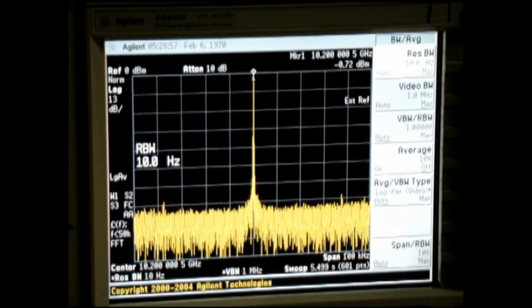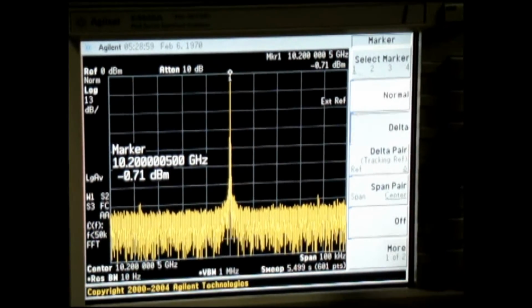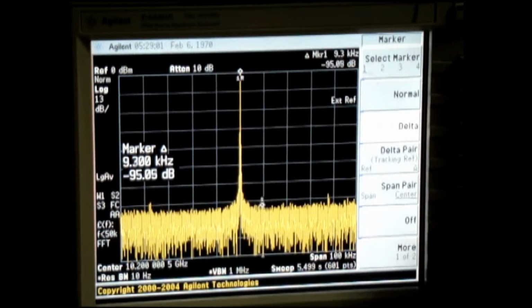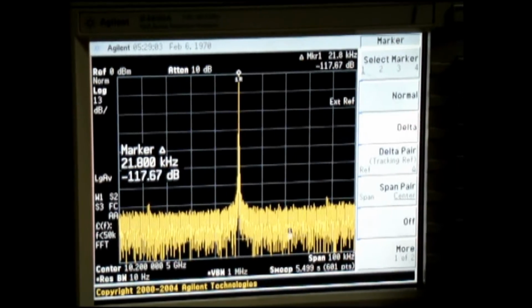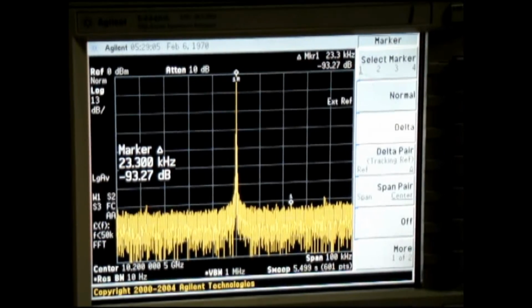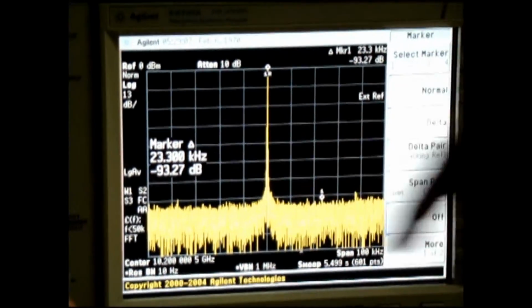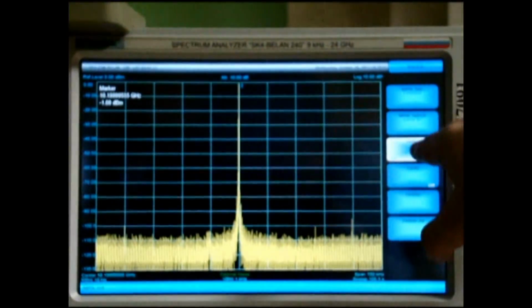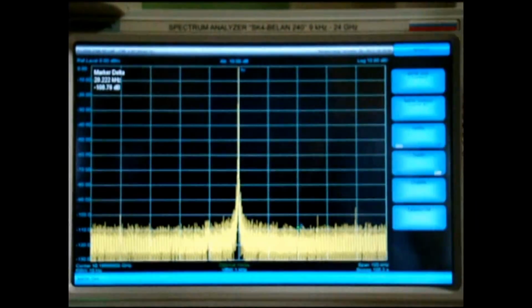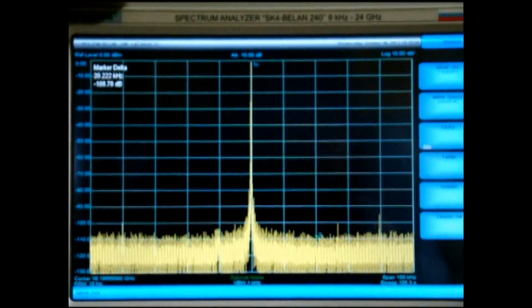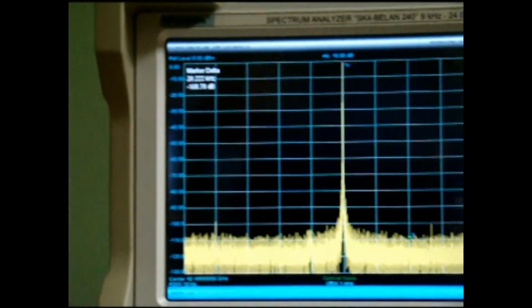Using delta marker, we will determine how much dynamic range PSA can offer from the signal peak to the noise level with the given resolution bandwidth settings. Okay, it is a value of roughly 95 dB. As you can see, for the same settings, Belon 240M provides 108 dB of dynamic range.